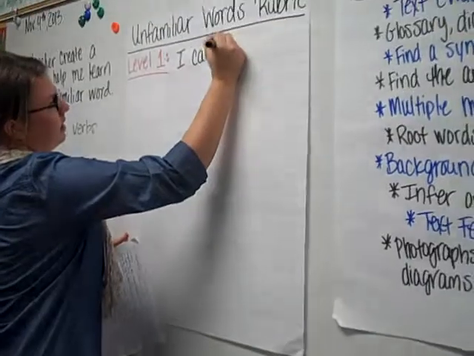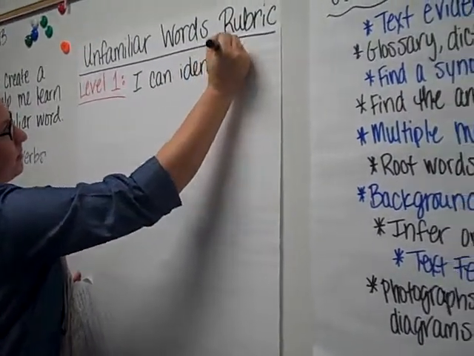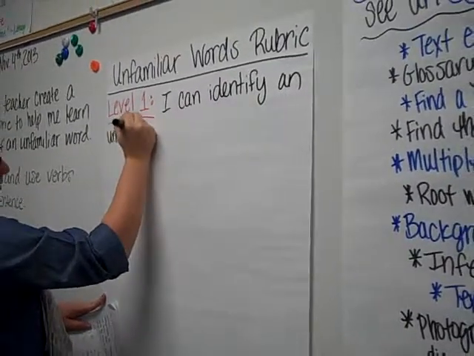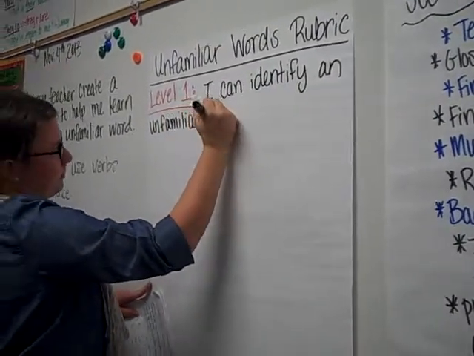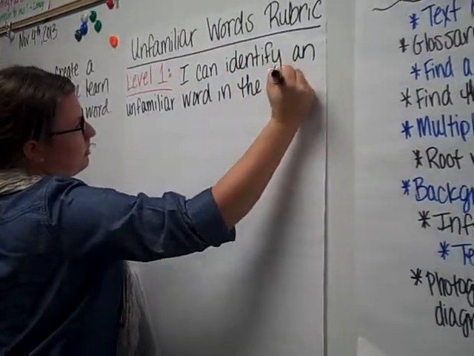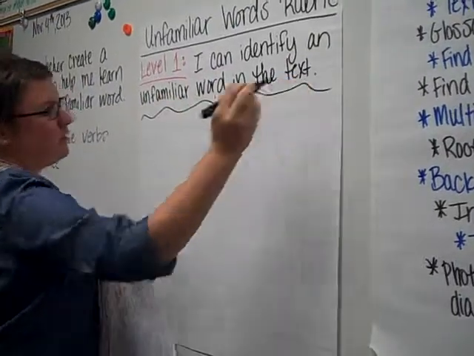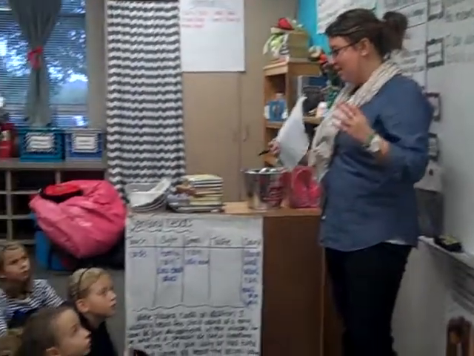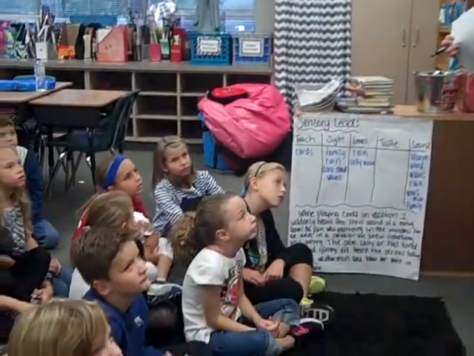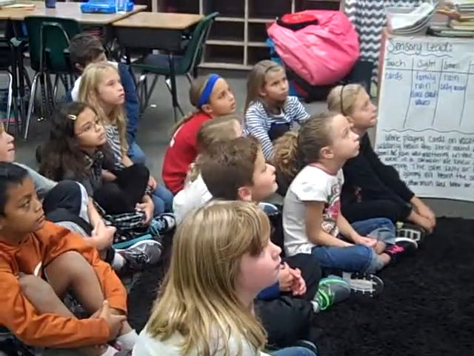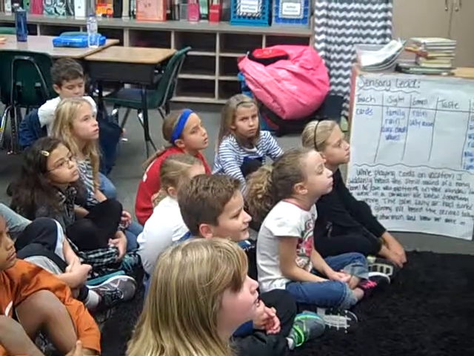So level 1 is I can identify an unfamiliar word. So as simple as that, you're just picking out a word you don't know. But we came up with that whole long list of awesome strategies to do. But I'm going to take what Connor just said and create our level 2.